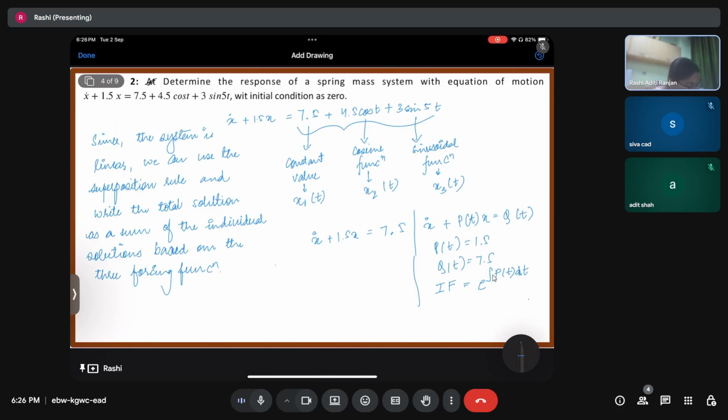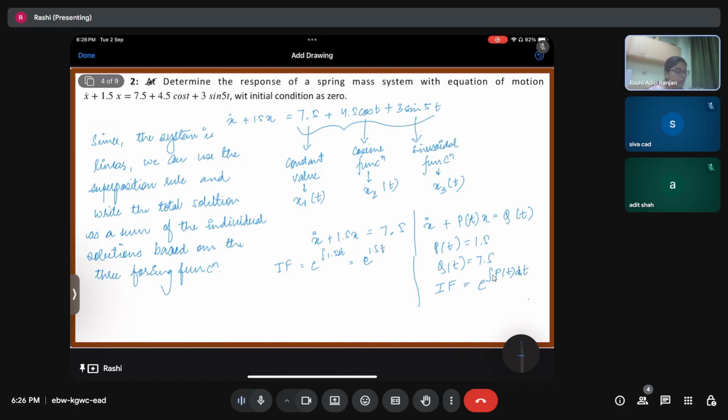Now, if I want to find the integrating factor for this equation, what is it going to be? It's going to be e to the power integral of 1.5 dt, which is e to the power 1.5 t.